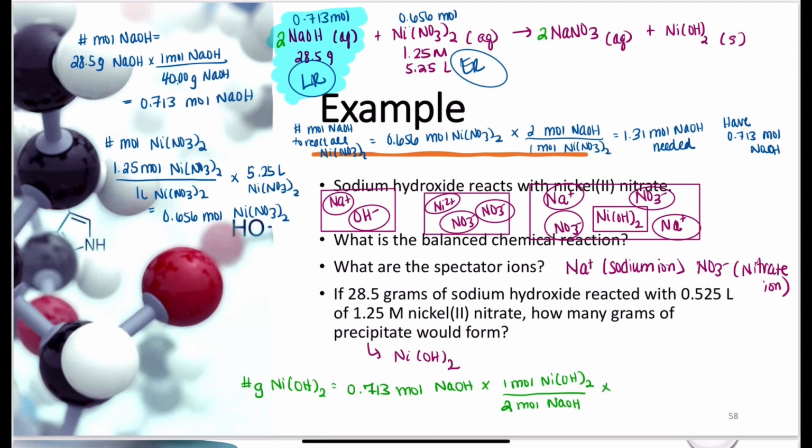When you add the molar mass of nickel 2 hydroxide, you find it to be 92.71 grams Ni(OH)2 to every 1 mole Ni(OH)2. This gives me 33.1 grams, 3 sig figs, of nickel 2 hydroxide. So with this example, I could make just over 33 grams, 33.1 grams of nickel 2 hydroxide under these conditions.